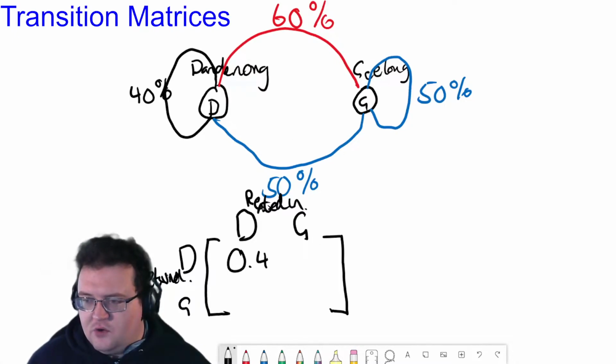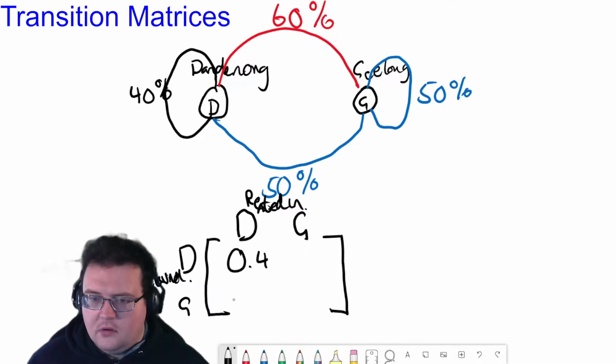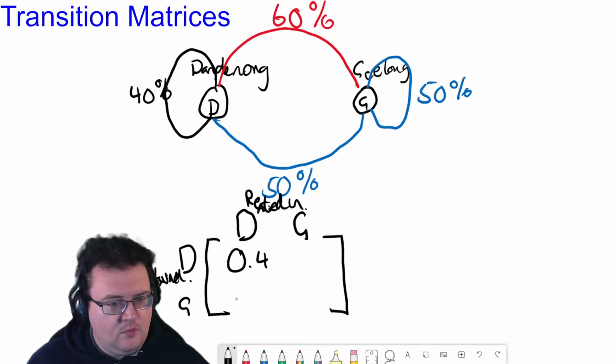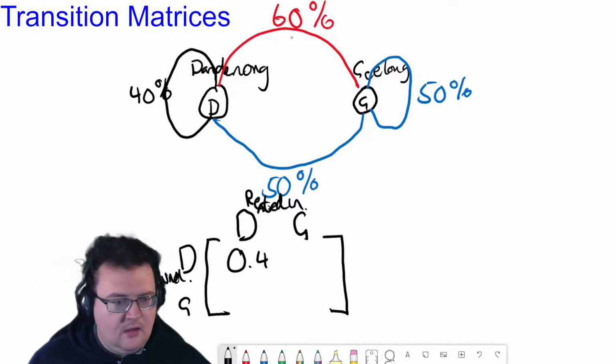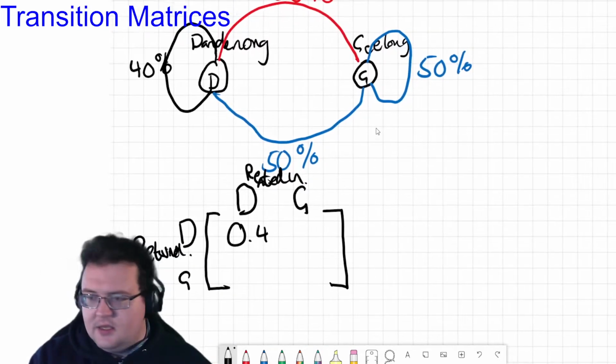And the number of cars rented in Dandenong but returned to Geelong? It is 60%, 0.6.